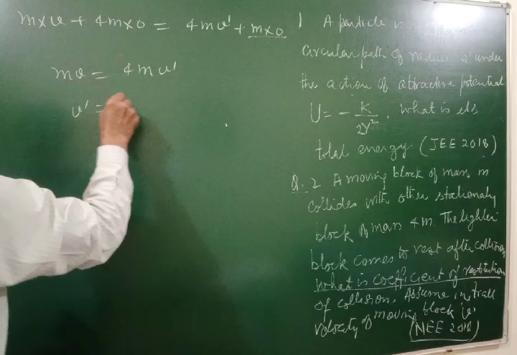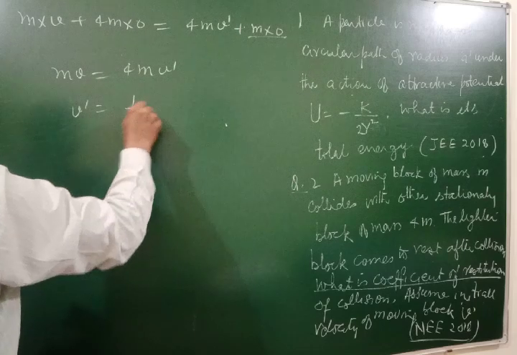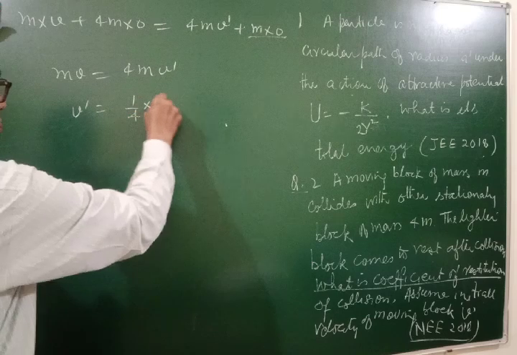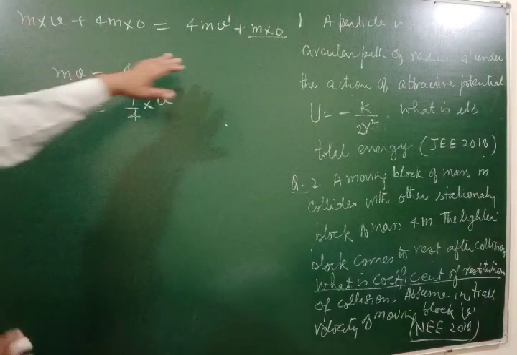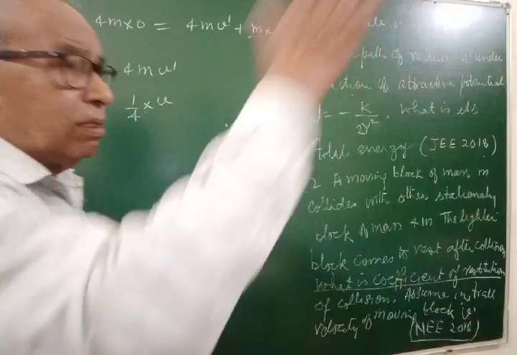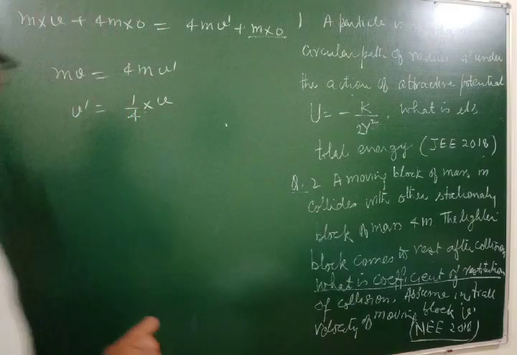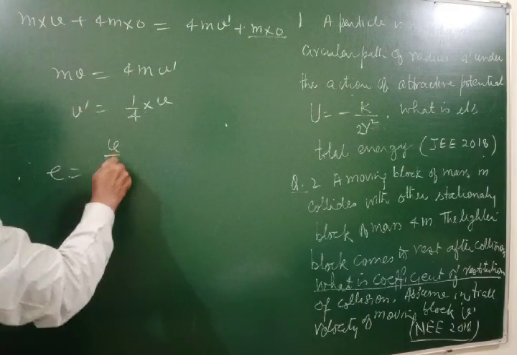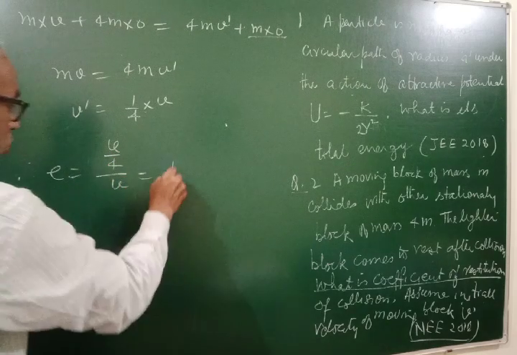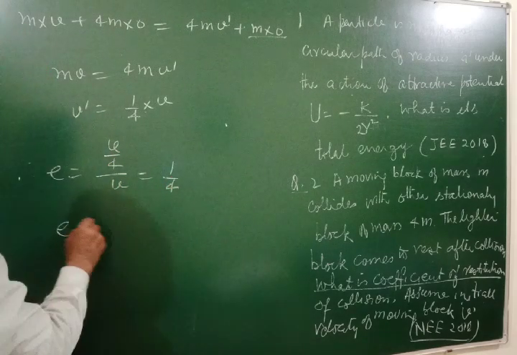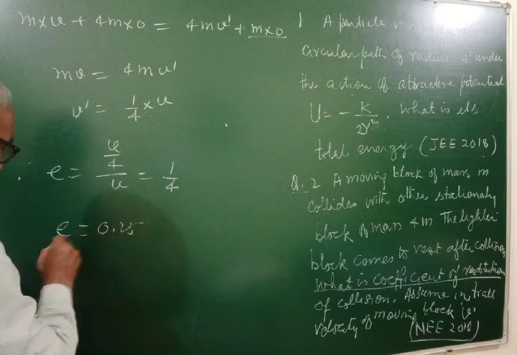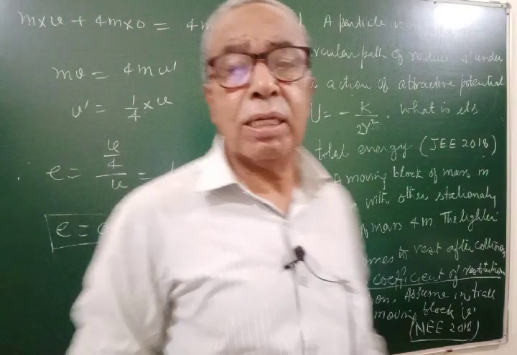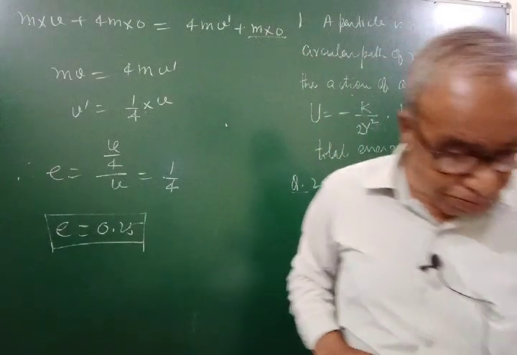So v dash equals 1 by 4 into v. So v dash is the velocity of recession or separation, and hence E is equal to v by 4 upon v, equal to 1 by 4. So E is equal to 0.25, or you can say it is a 25% elastic collision.